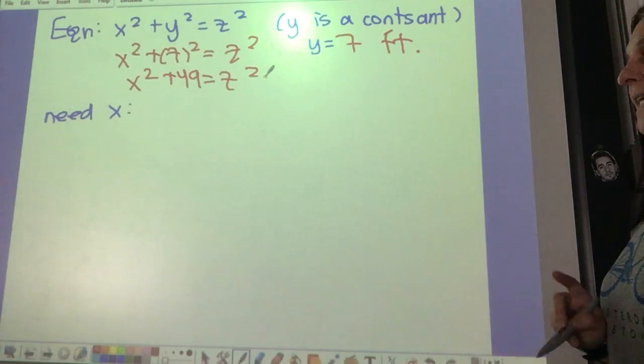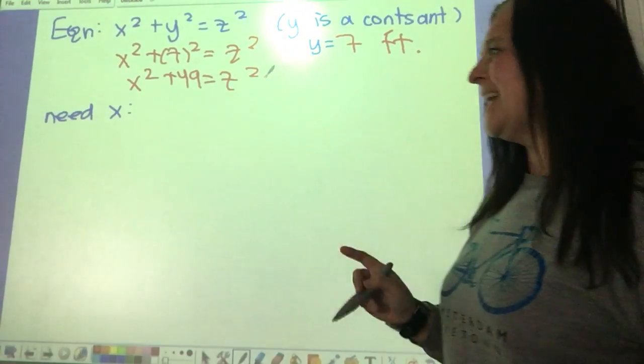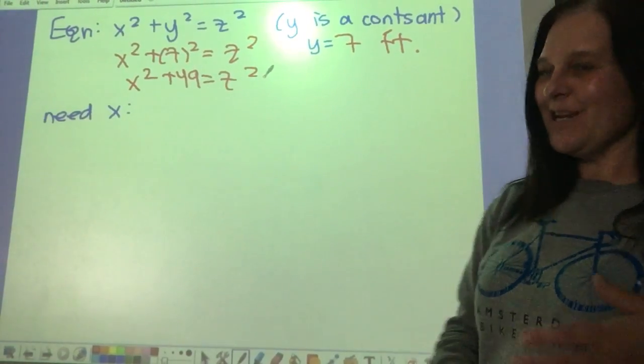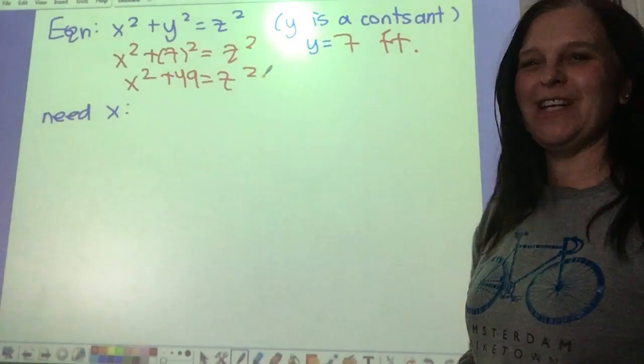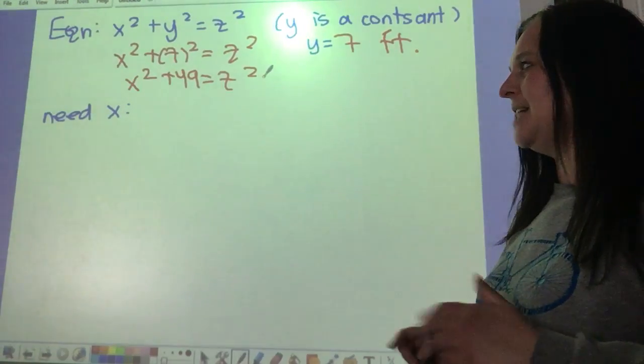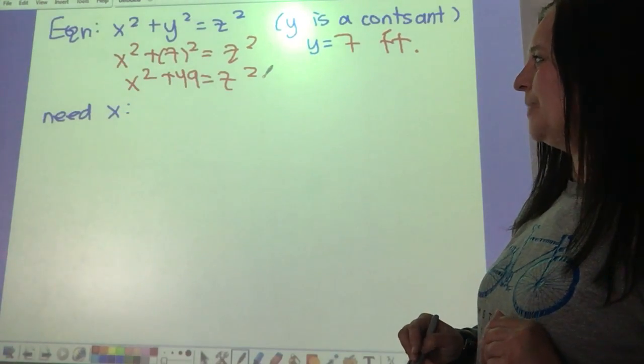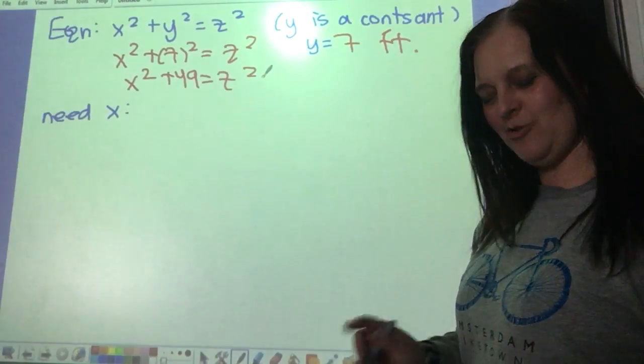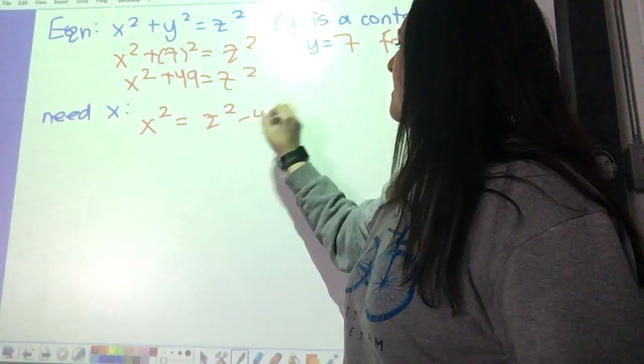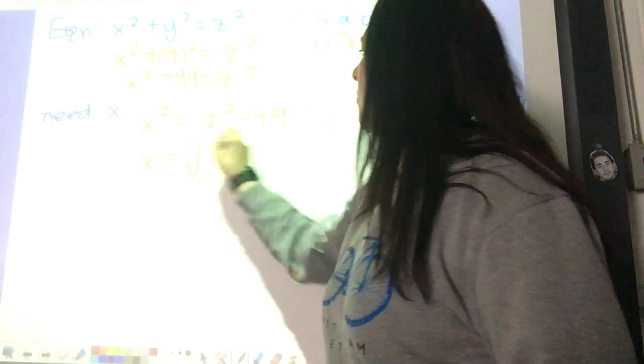Okay, but we need x. Why? Well, I just know we need x because I've done questions like this before. If you didn't know you needed x, you might try and differentiate, and then you'd realize later on you do need x. The steps don't matter, but I just know that we're going to need x. Trust me on this one. The rest of this is pretty easy math for all of you at this point.